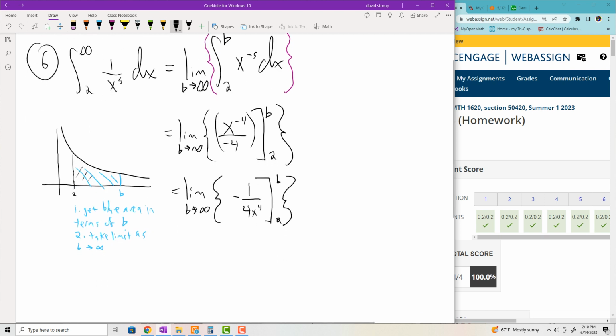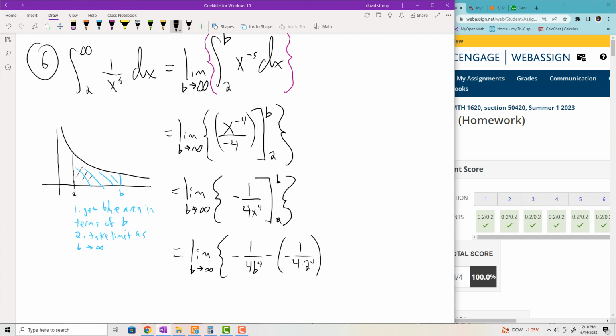Okay. All right, and now we could put the limits into the antiderivative. So the limit as b goes to infinity of negative 1 all over 4b to the fourth minus negative 1 all over 4 times 2 to the fourth. Okay.